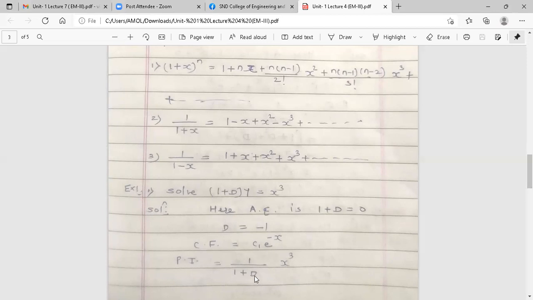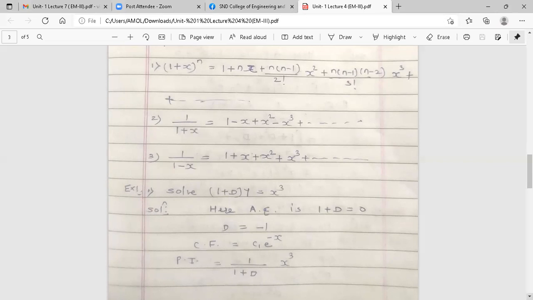Now the term here is 1 upon 1 plus D, which is in the form 1 plus x. So you can use the series of 1 upon 1 plus x here, and you just replace x in this series by D, because your term is 1 plus D.